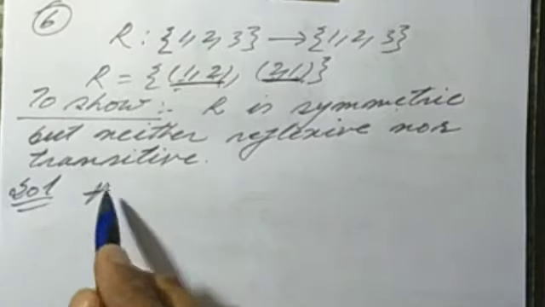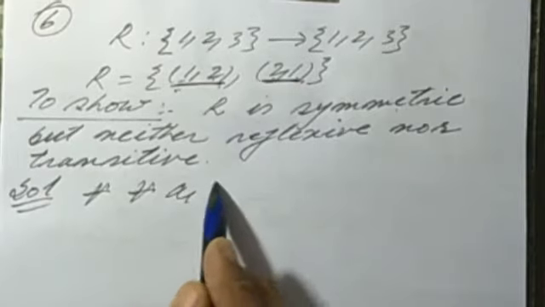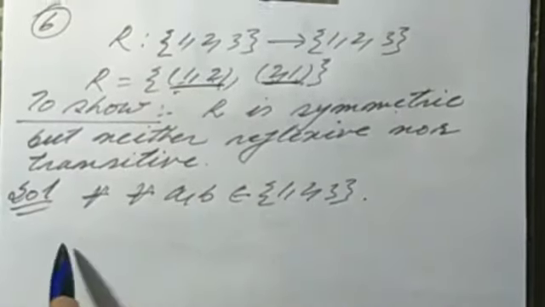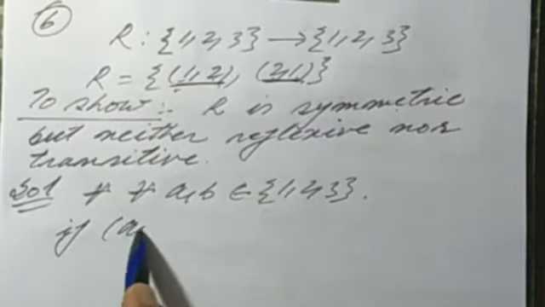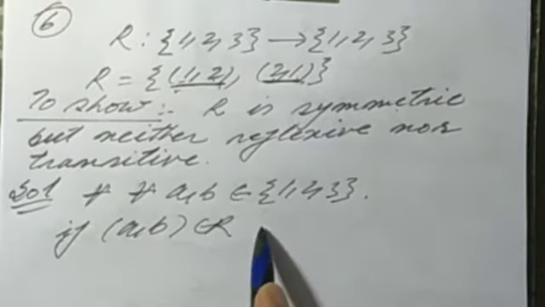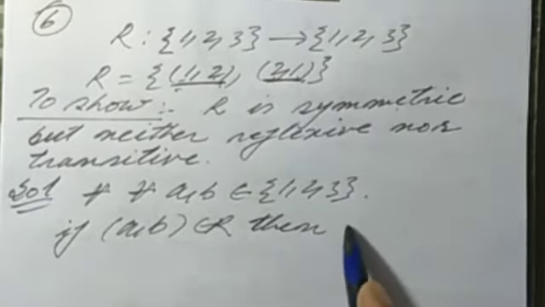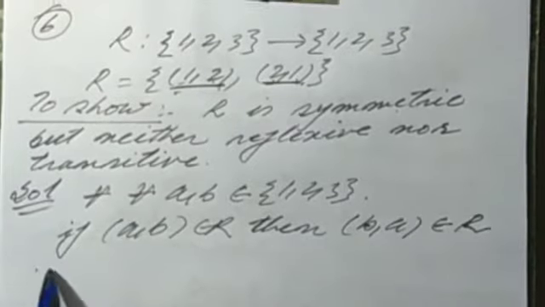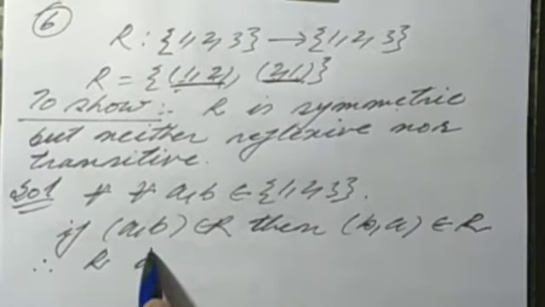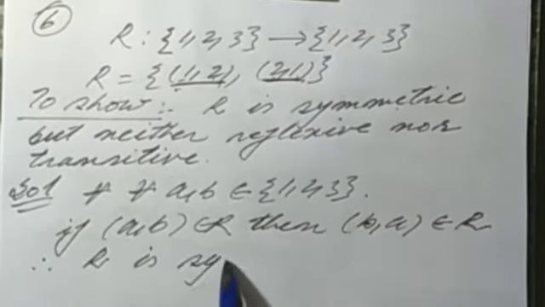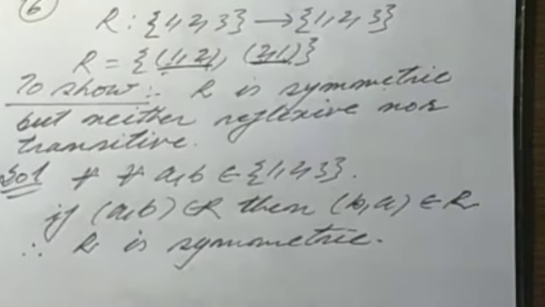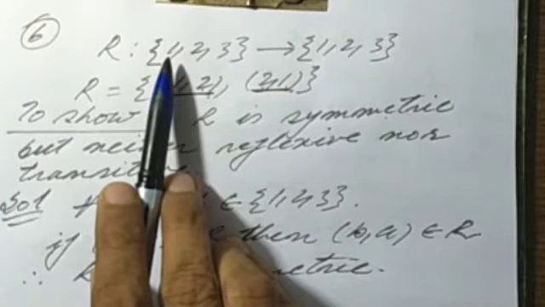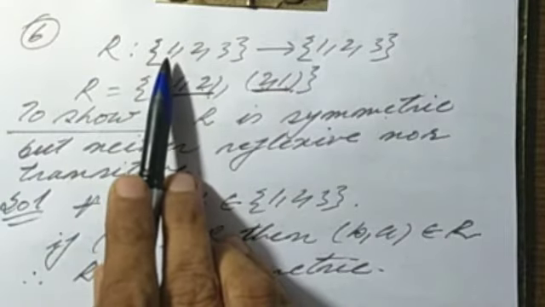So we may write it as: for all A, B belonging to the set {1, 2, 3}, if (A, B) belongs to R, then (B, A) also belongs to R. So R is symmetric. Now we talk about reflexivity. So obviously for reflexivity, each and every element of the domain should relate to itself.